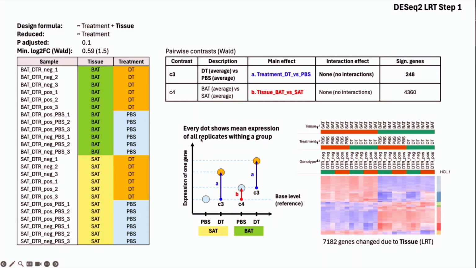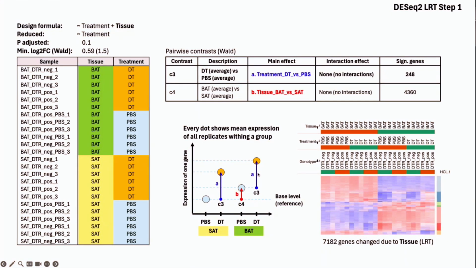Here we can see what happens inside DESeq when we have these two columns and this design formula. As on the previous slide, every dot is an average expression of a certain gene from the samples that belong to a certain group. So we have 4 groups, 4 dots. This A is what we had on the previous slide, the main effect treatment DT versus PBS.